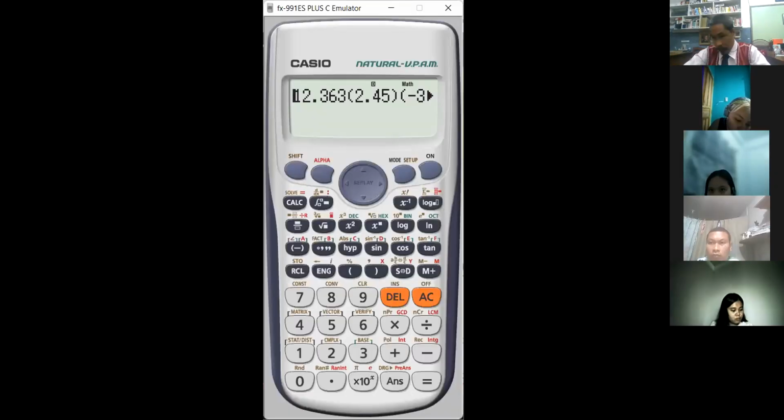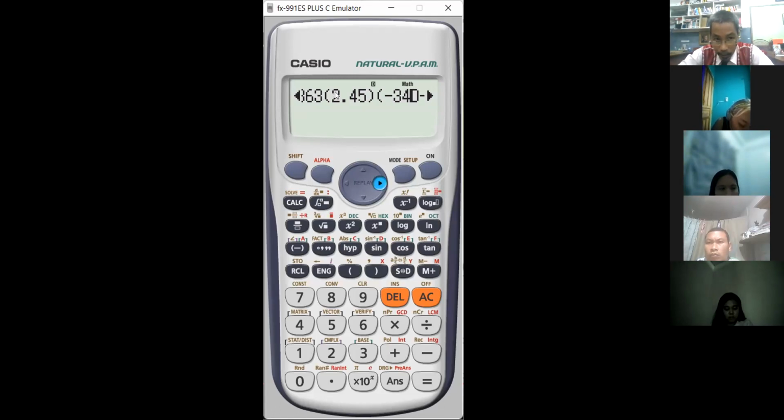So 12.363 is our diameter. Now the coefficient of thermal expansion, 2.45, and our delta temperature is negative 340 minus positive 80, our ambient temperature.